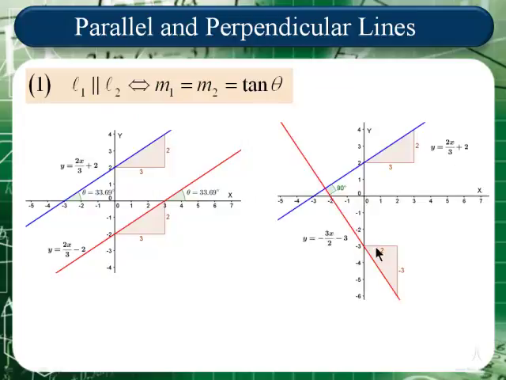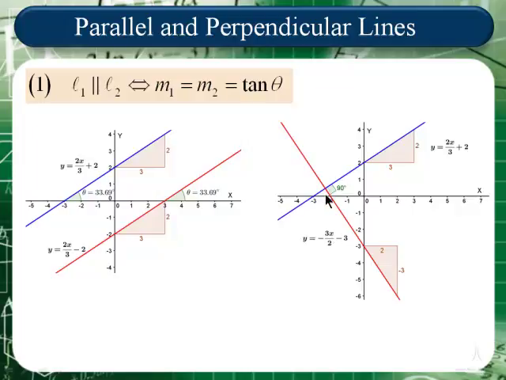The second case, here we have two straight lines. The one with the defining equation y equals 2x over 3 plus 2. The other one with the defining equation y equals minus 3 over 2 times x minus 3. Now if we just focus on the gradients, then 2 over 3 multiplied by minus 3 over 2, that product is minus 1.